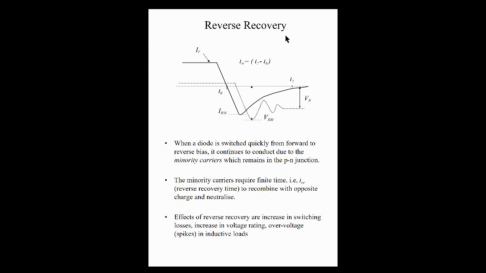The reverse recovery, if we look at this graph of what is happening across our switch, as you can see here, we start with our high current, and then it's going to go down and go towards 0. So we're going from our on state to our off state, right? So the top curve that represents current, and the bottom curve, that's your voltage here, right?